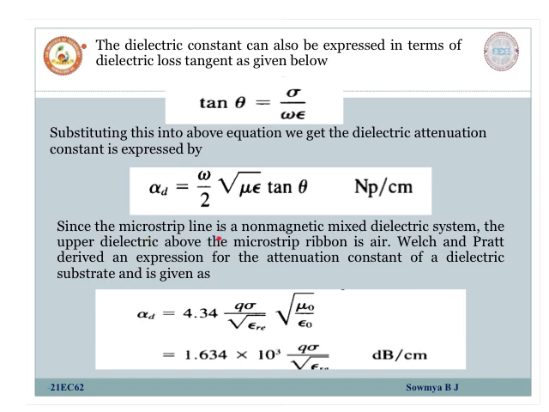Now, the microstrip line is a non-magnetic mixed dielectric system.